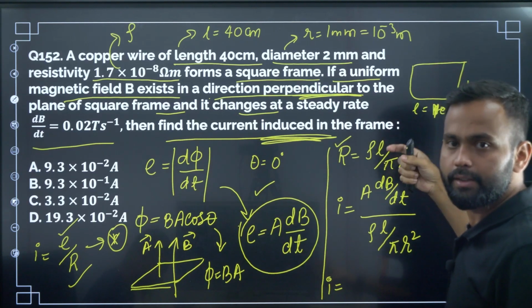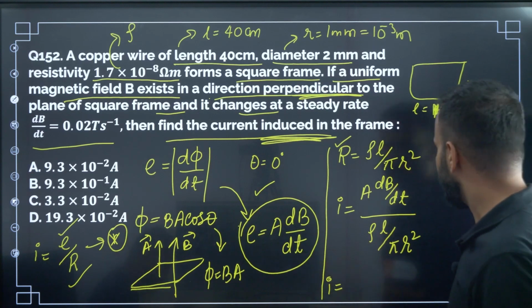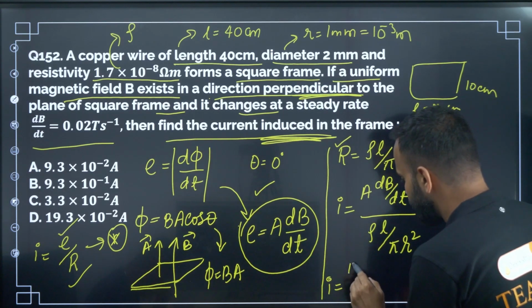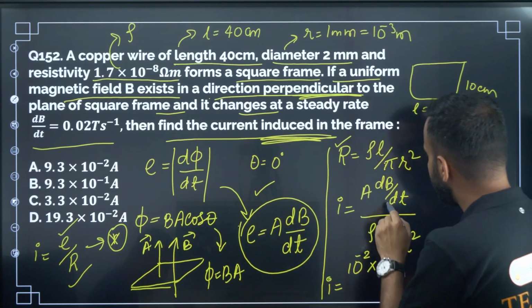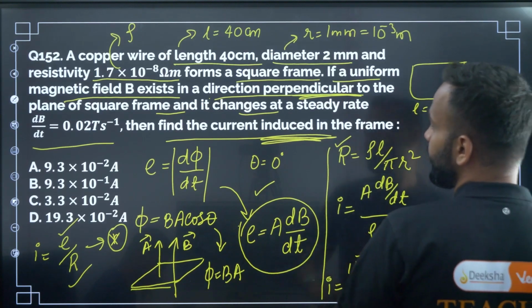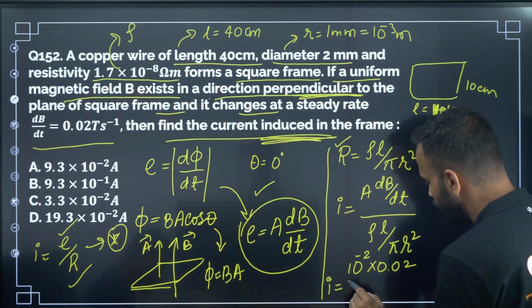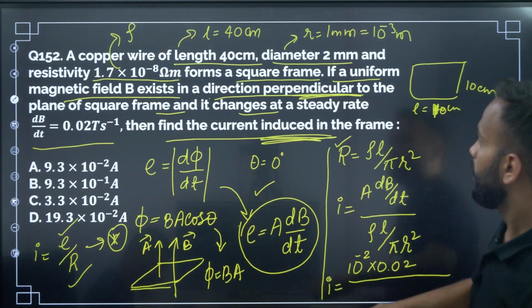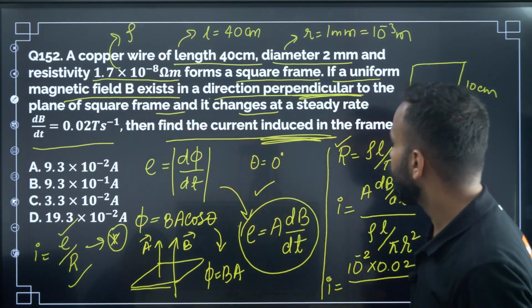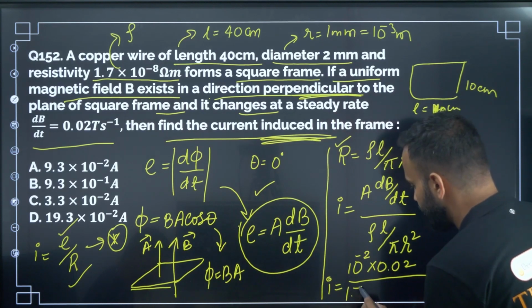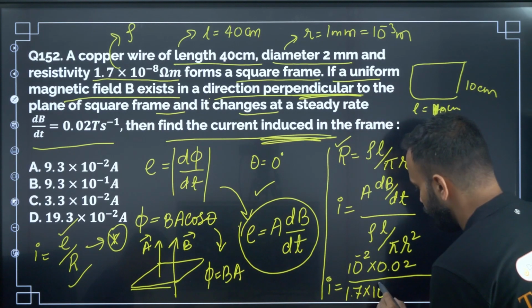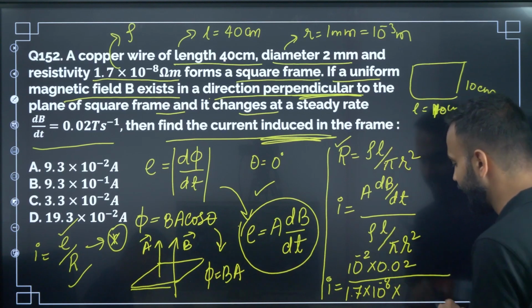100 centimeter square is 10 to the power minus 2 meter square. So 10 to the power minus 2 meter square into dB by dt, which is 0.02, whole divided by rho, which is 1.7 into 10 to the power minus 8 ohm meter, into length.